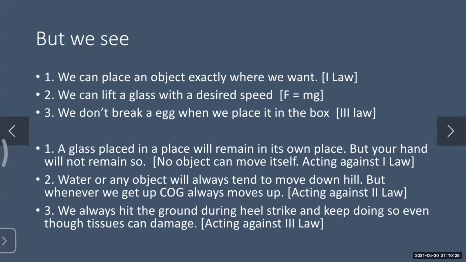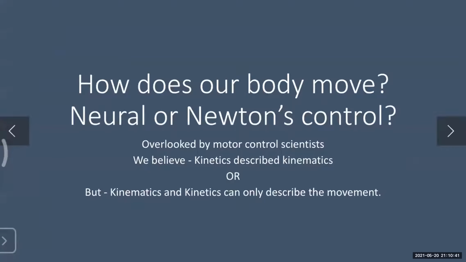So it again adds to the problem. So we have a complexity which is building up here. So how does our body move? Newton's control. That is predominantly what the motor control scientists have done.